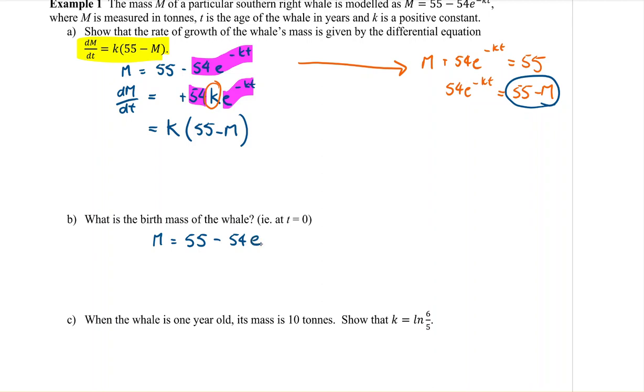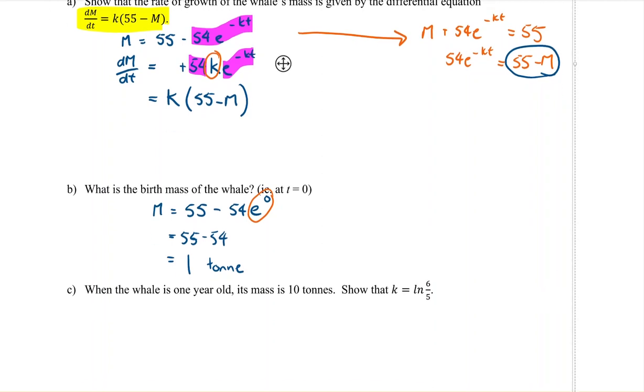Now, I still don't know what k is, but whatever k is, when it's times by 0, it's still going to be 0 up there, right? So anything to the power of 0, even e to the power of 0, is equal to 1. So all I get is 55 minus 54, which is equal to 1, which means the mass of the whale when it's born is 1 ton, because tons was given as the unit in the question.